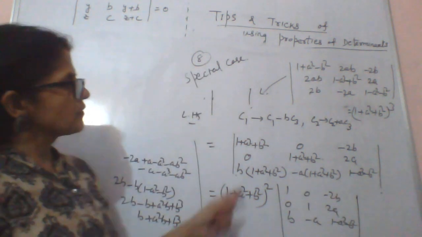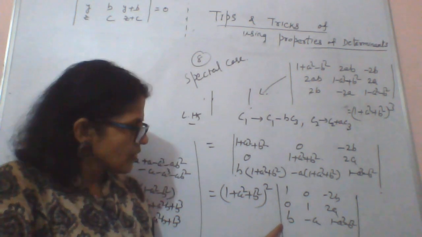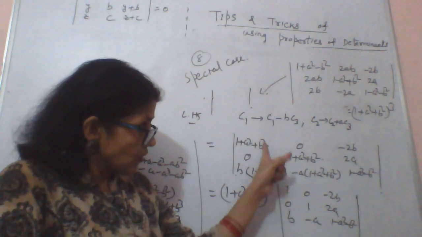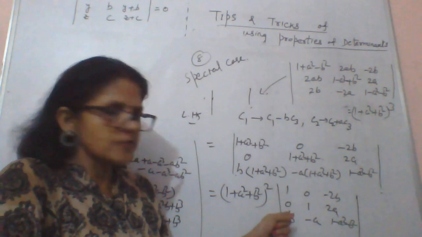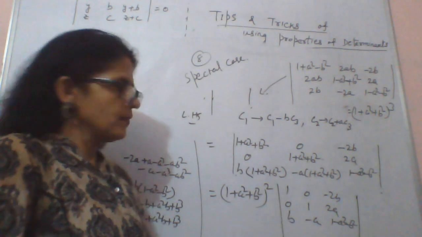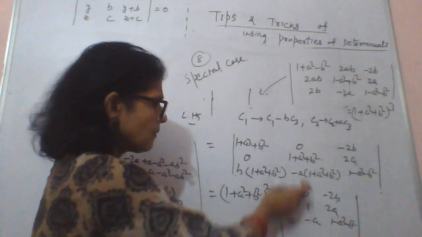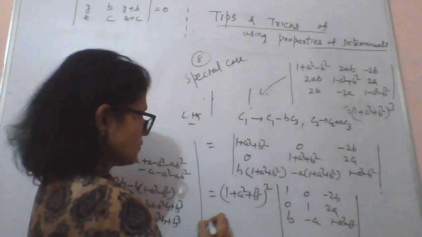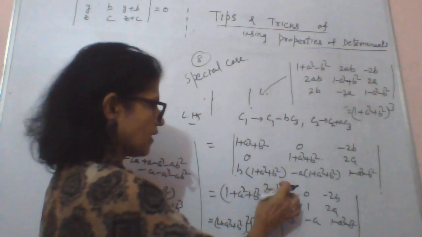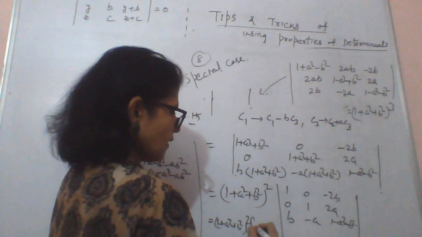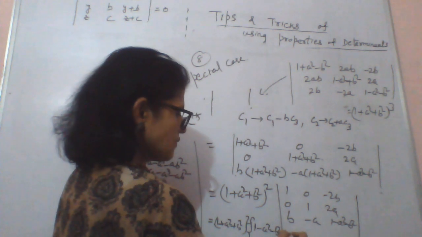Okay, so here you see, though we have not got 2 zeros in any of the rows or columns, we have 1 0 here, 1 0 here, and we have already applied minimum 2 properties. So if you expand from any row or any column, I think you are getting the answer here. So expanding this, you can take 1 plus A square plus B square whole square. Now you can expand 1, you are getting 1 minus A square minus B square plus 2A square.